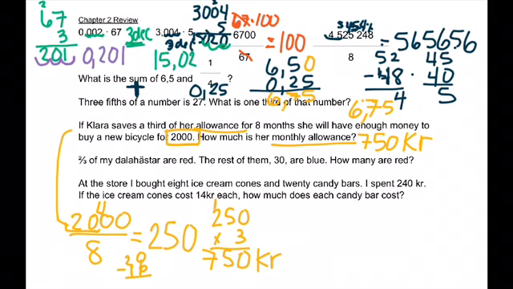Okay, then 2/3 of my Dalahester are red, and the rest of them, which are 30, are blue. So if we know that 2/3 are red, to make a whole, what would the fraction be with 2/3 to make a whole? So 2/3 plus what equals 1?